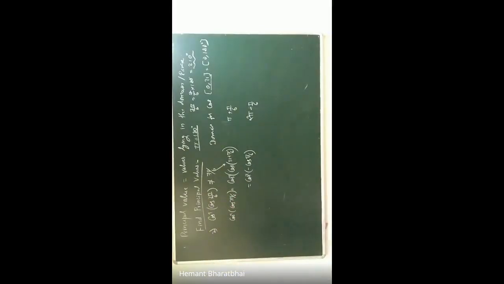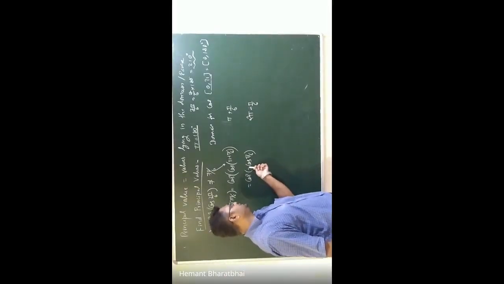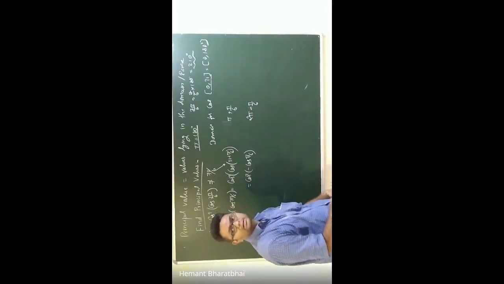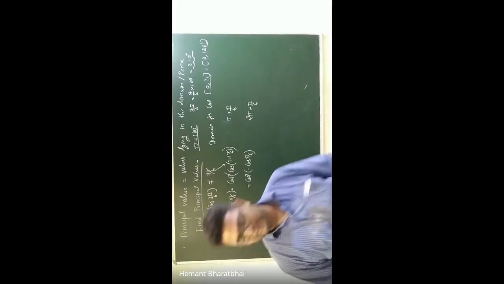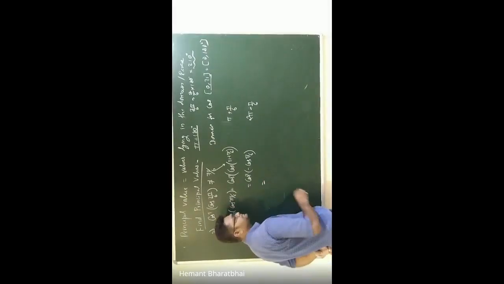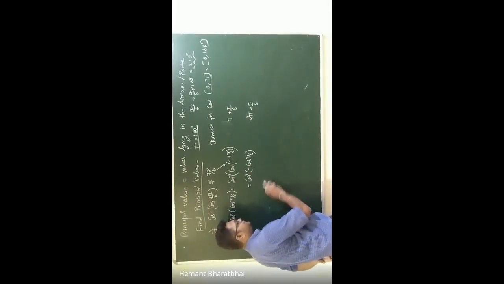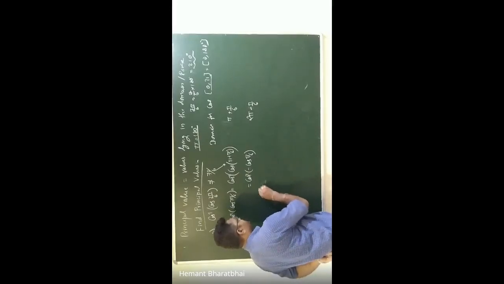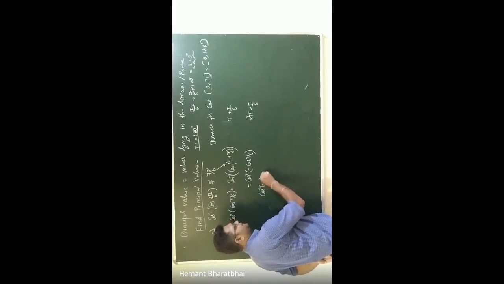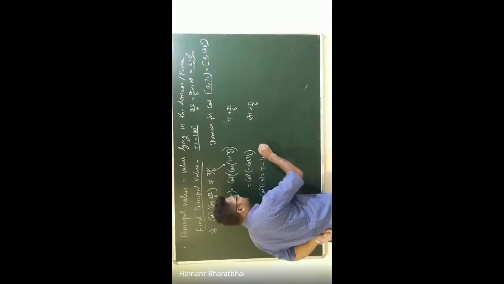Now you directly cannot cancel this out. Here you have a minus sign, so you cannot directly cancel it out. But cos inverse of minus x can be written as pi minus cos inverse of x.